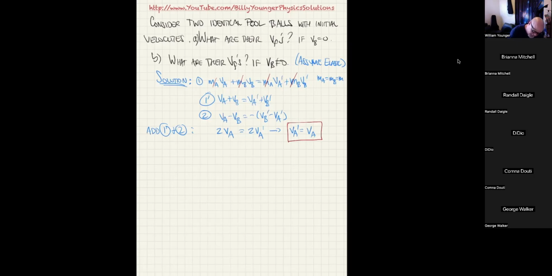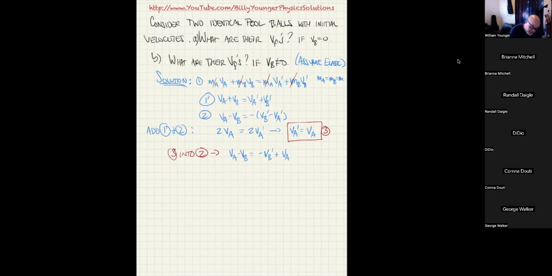Now plugging this in, which I'm going to call equation 3, into 2 gives me VA minus VB is equal to negative VB prime plus, for VA prime, I'm just going to write VA here.